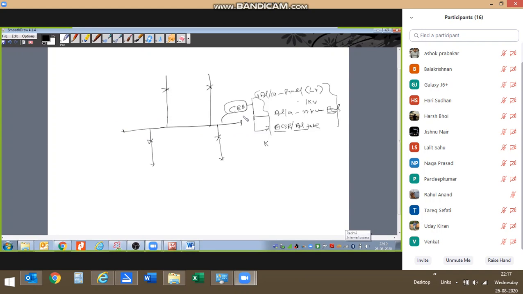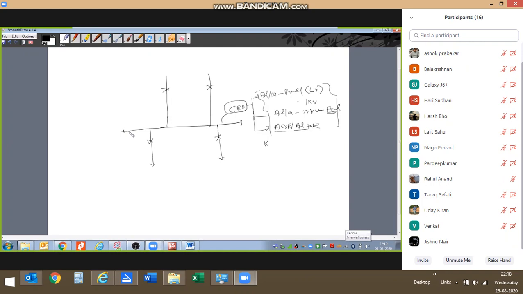If by chance, due to a fault on any bus, something happens, then some geographical regions, some portion of the country, may go into blackout conditions.